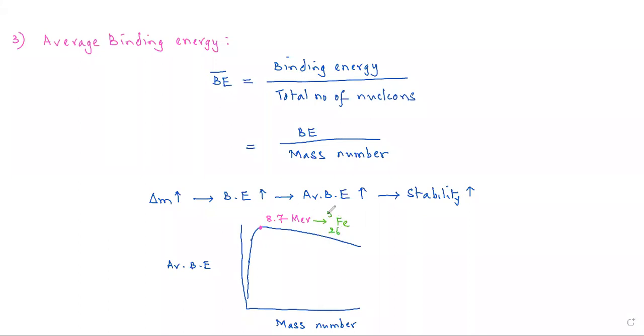See, as such, because iron has the maximum average binding energy, we can say that this is thermodynamically the most stable one, energy wise.